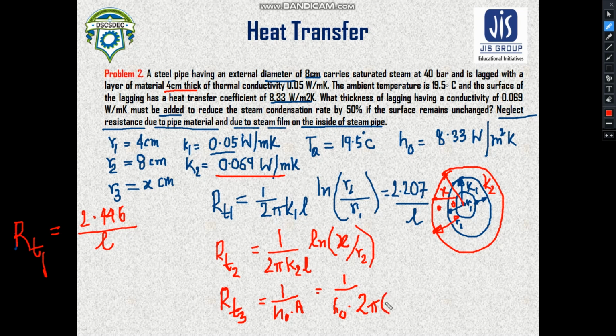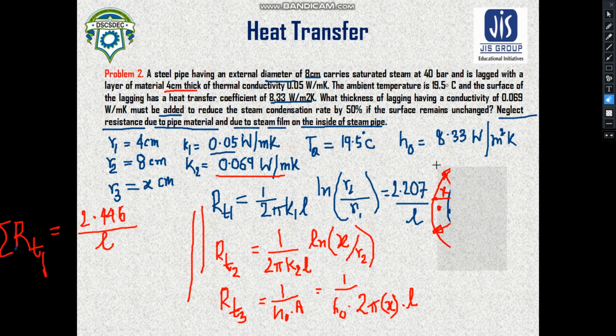You know that we have taken this R3 as X, because this is your unknown, so now you can calculate the formulas. Now you can sum up all the thermal resistances. These three thermal resistances can be calculated as in the first case, and then we'll see how it goes.